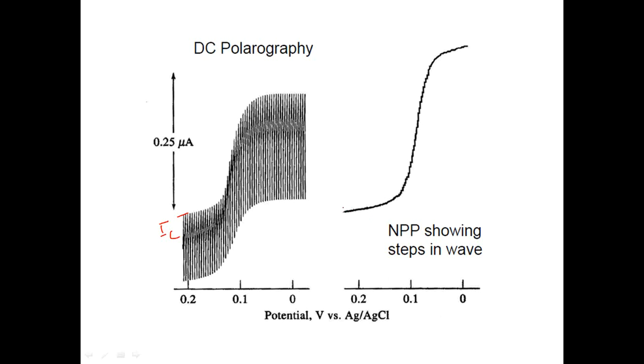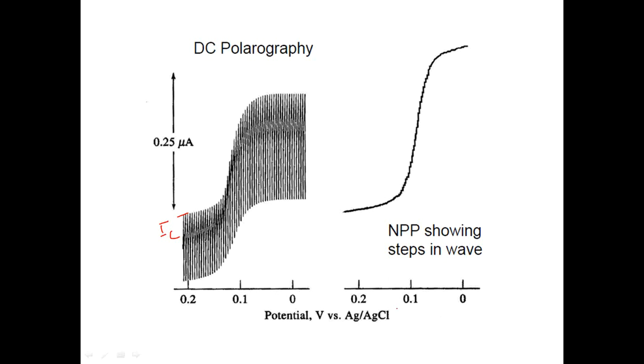You can see a smooth curve here. Only at the E half value, when the current is increasing sharply, you see a step wave, right? So there is a reduction of the noise, and it increases the sensitivity of this experiment.